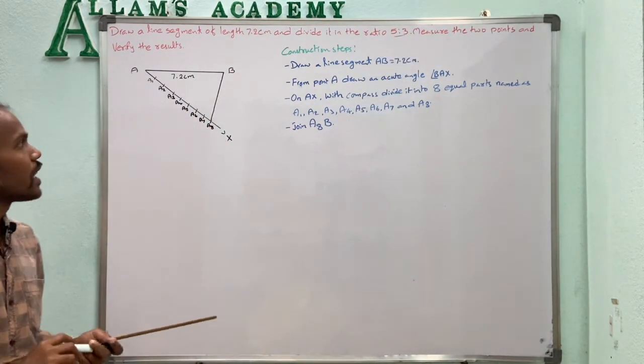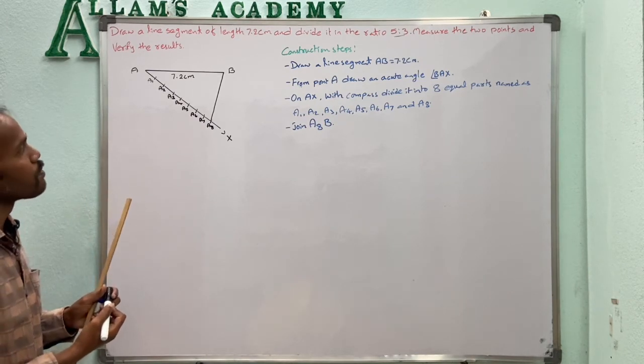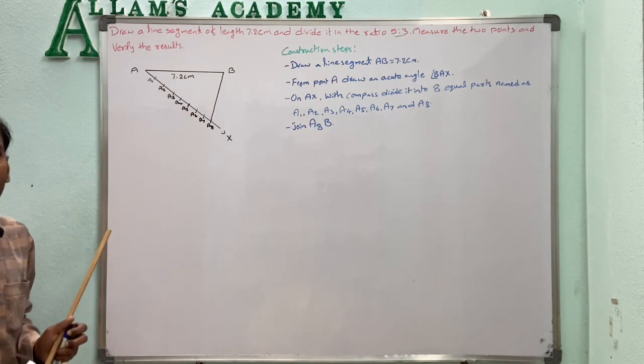Next, for the given 5:3 ratio, from A8 the third point is nothing but A5.